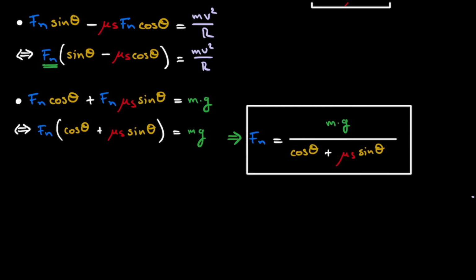And this is exactly why it is so great to have two independent equations, because now we can simply fill in what we found from the second equation into the first equation.